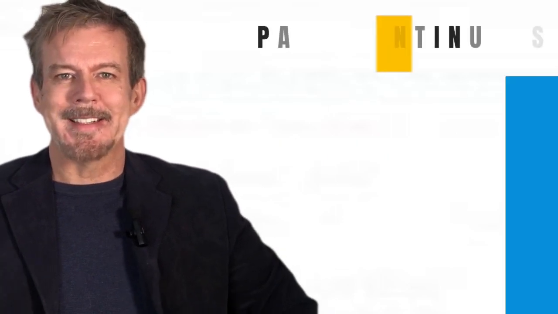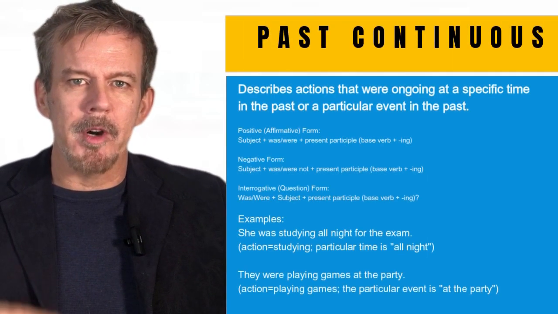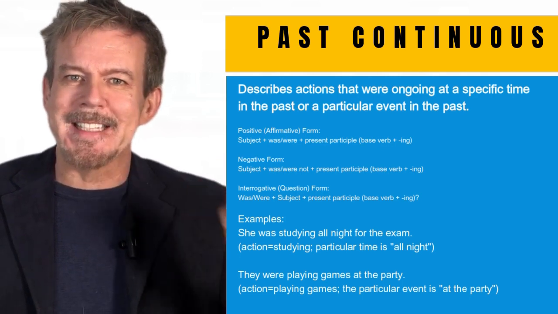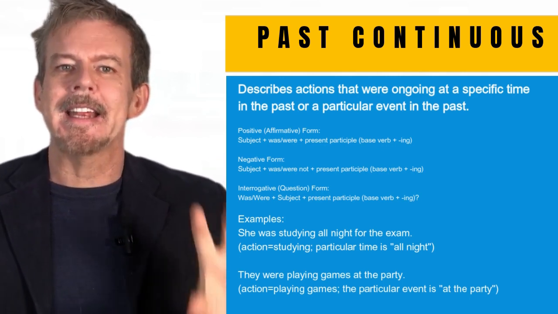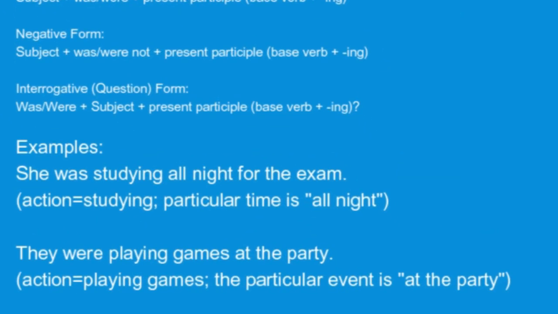Past continuous describes actions that were ongoing at a specific time or event in the past. She was studying all night for the exam. So, the action, studying for the exam. The time period, all night, throughout the night.